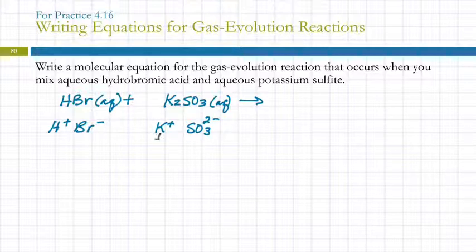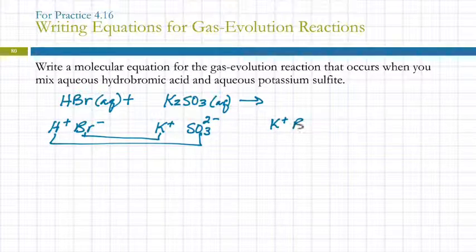I'm going to swap partners, see what happens. So I'm going to get K plus with Br minus, and put those two together. KBr. Is that soluble or insoluble? Soluble. It's potassium. All potassium compounds are soluble.